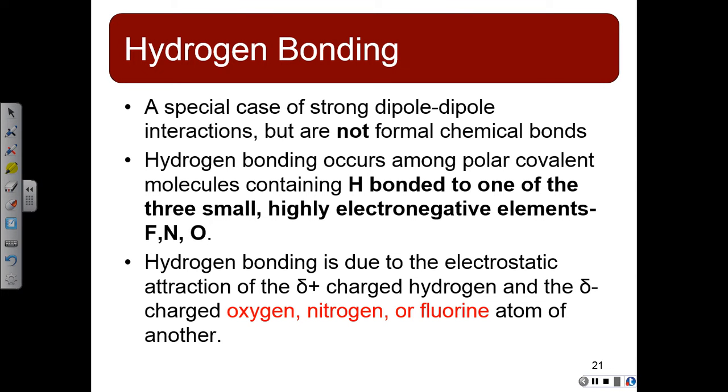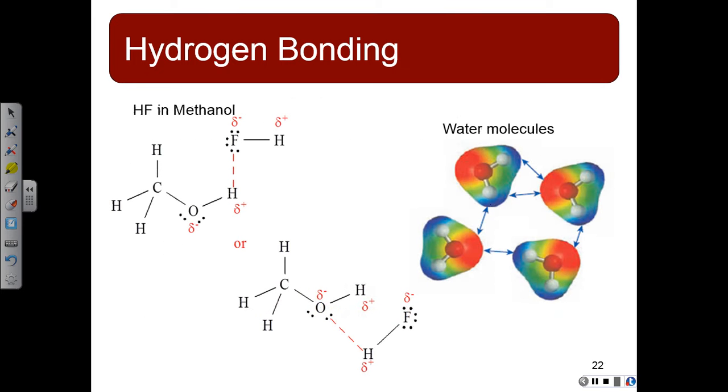I'm going to show this first, and then we'll draw it. Here we have HF. It can hydrogen bond because it meets our definition: it has a hydrogen and a fluorine.